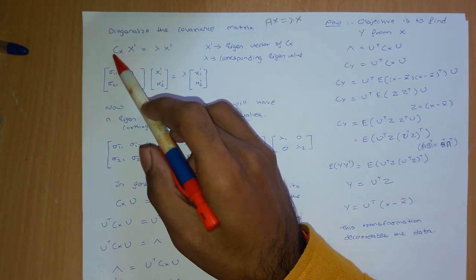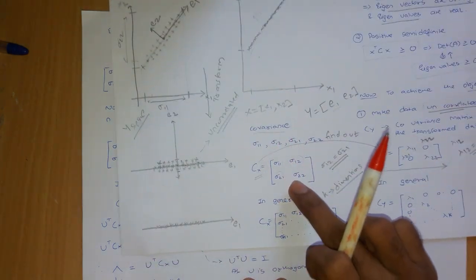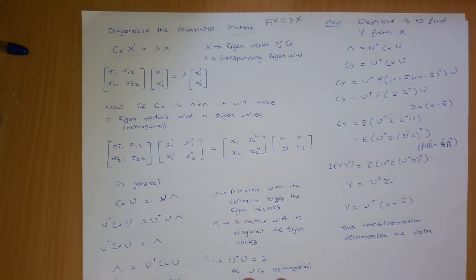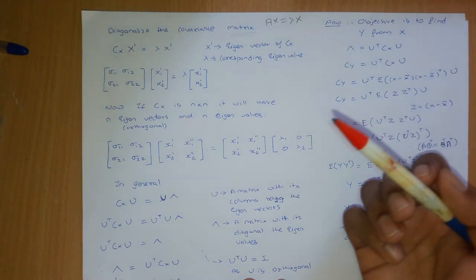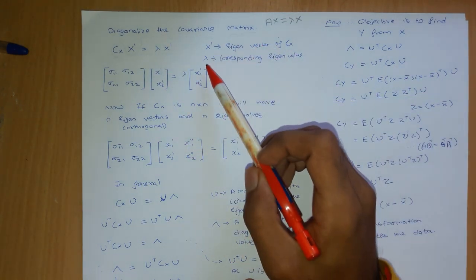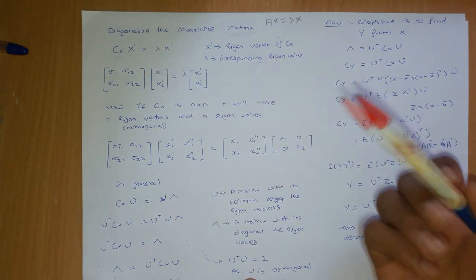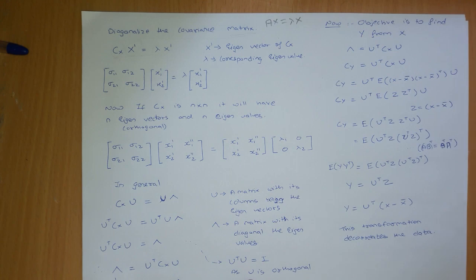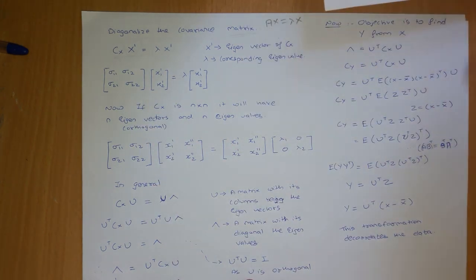Similarly for the covariance matrix Cx, Cx times x dash, where x dash is the eigenvector of Cx, is equal to lambda times x dash, where lambda is the eigenvalue. Now I am just substituting the values and let's see what happens.